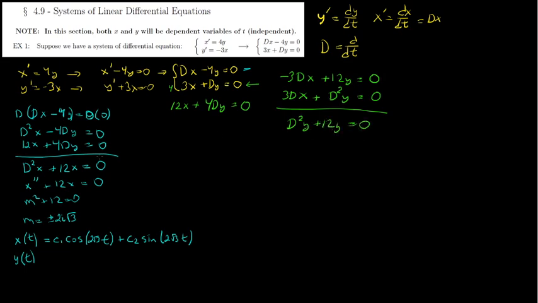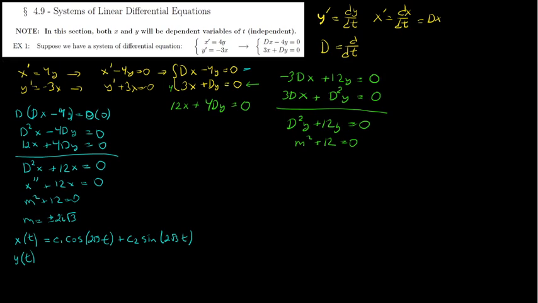And if you notice, there's kind of a symmetry here. In fact, you get the exact same thing, right? Because the auxiliary or characteristic equation is still m squared plus 12 equals 0, right? So in fact, y of t here is going to be the exact same thing. Oh, sorry, I didn't mean to use red.